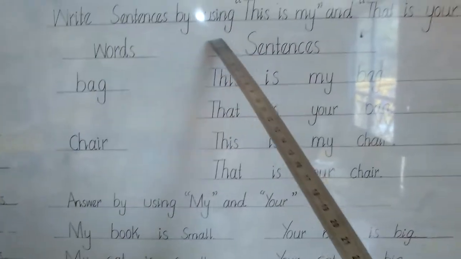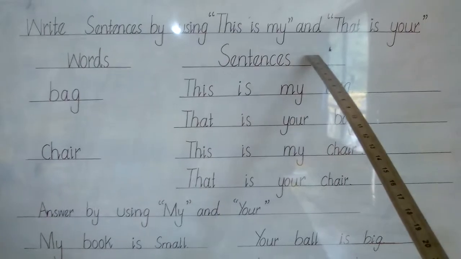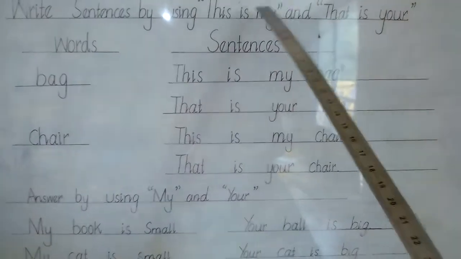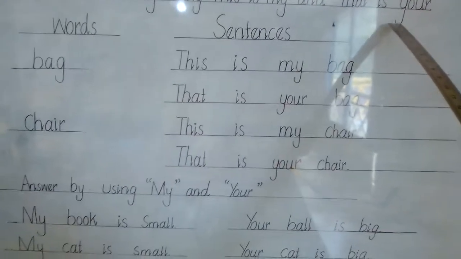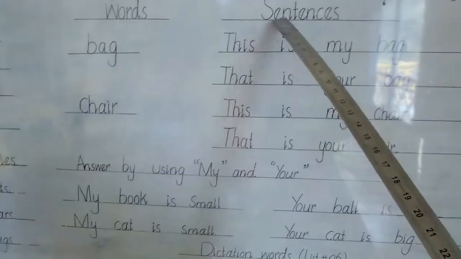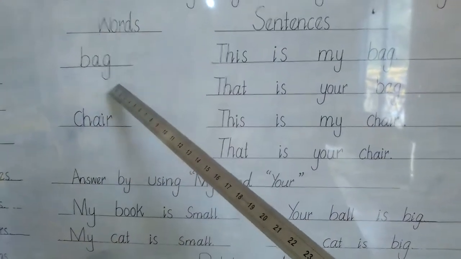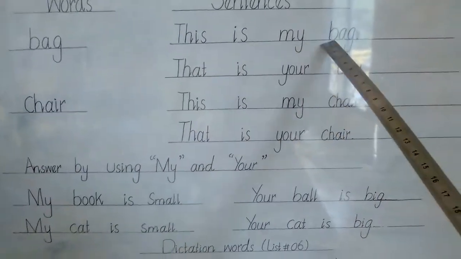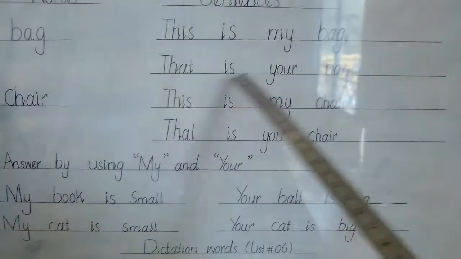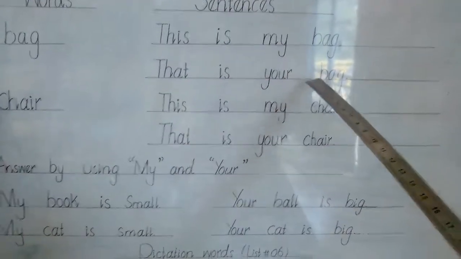Our next topic is write sentences by using this is my and that is your. This is my, ये मेरा है, and that is your, वो आपका है. Word bag. This is my bag. ये मेरा बैग है. And that is your bag. वो आपका बैग है.